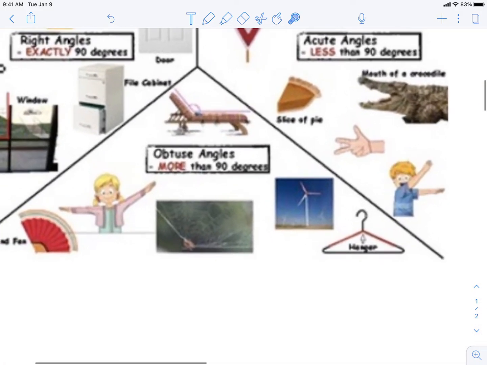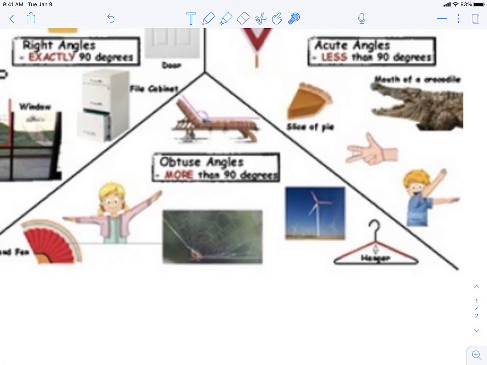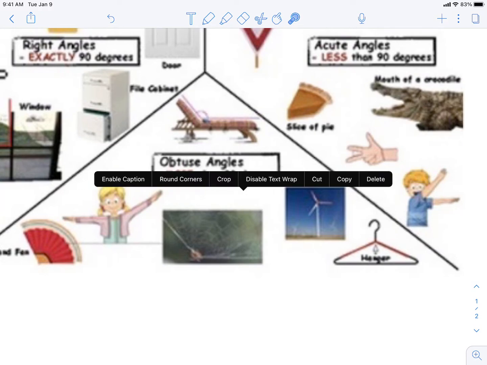So finally, the other example that I have here are obtuse angles. Obtuse angles are more than 90 degrees, but not more than 180 degrees. So between 91 and 180 are considered obtuse. Those are the kind of angles that open but don't open all the way flat.